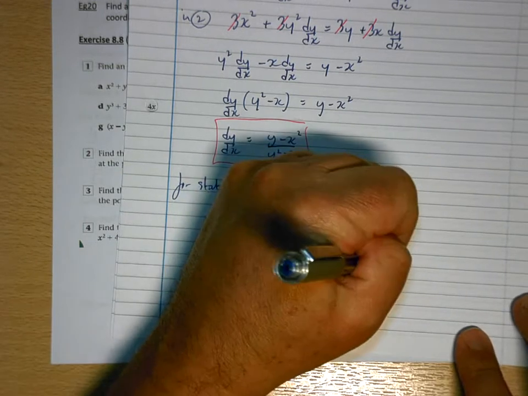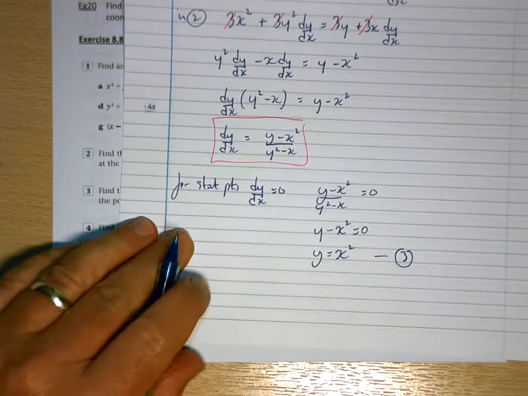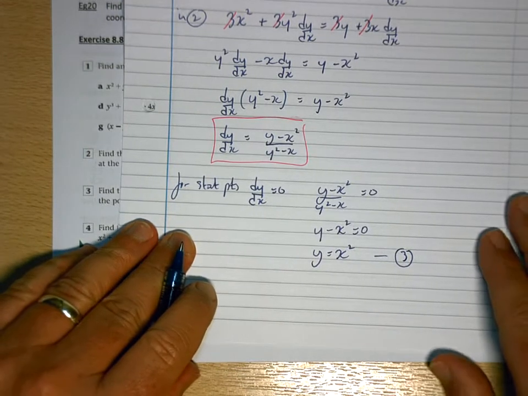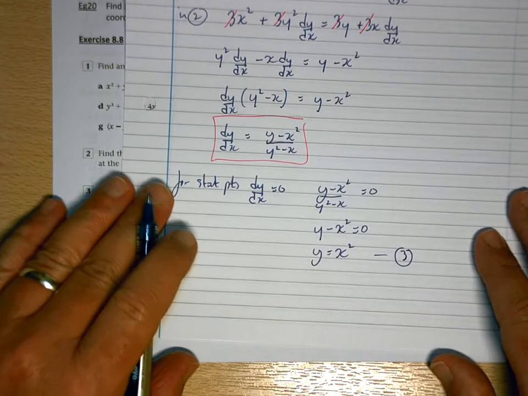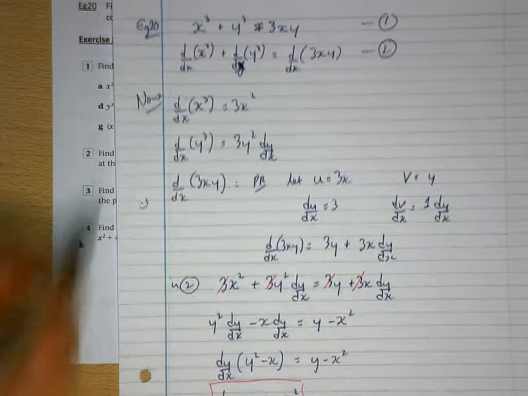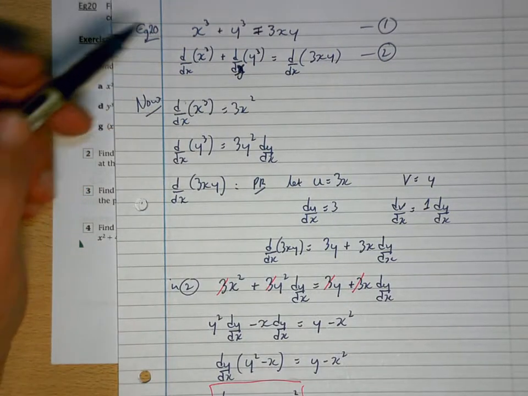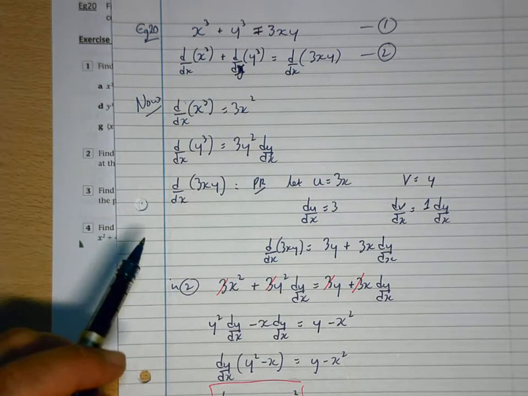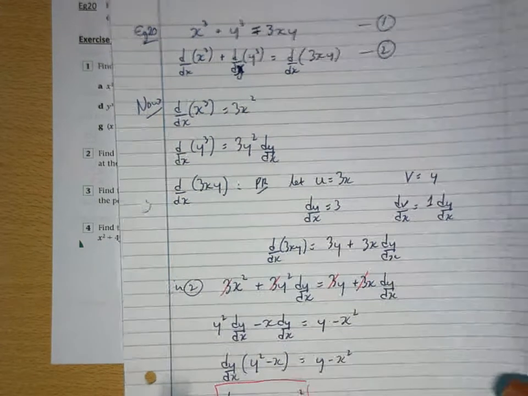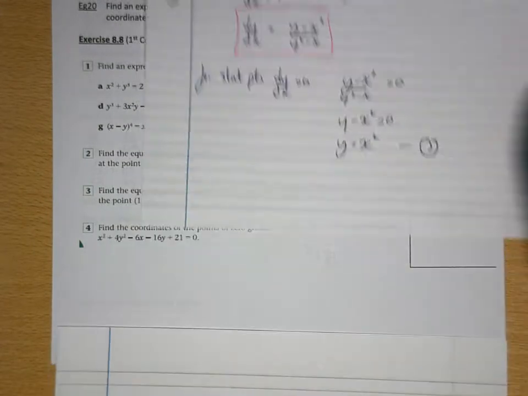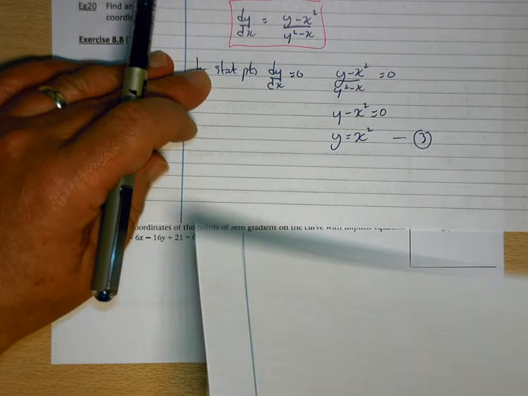So I've now got an expression for y in terms of x. What I now want to do is to plonk that into equation 1 to eliminate one of the variables. So just create myself a bit more room here.